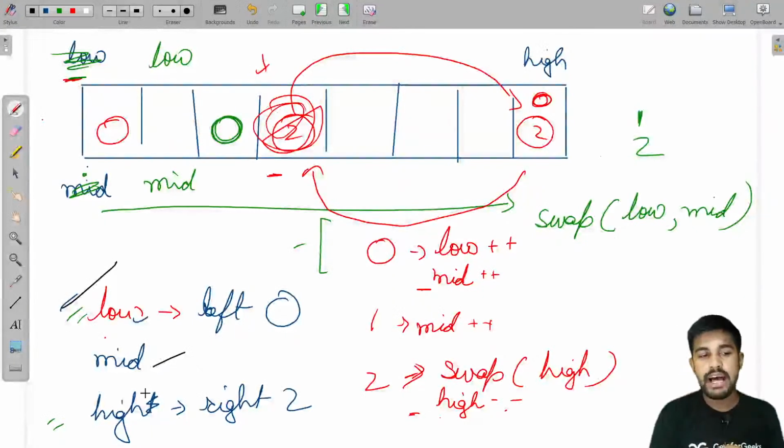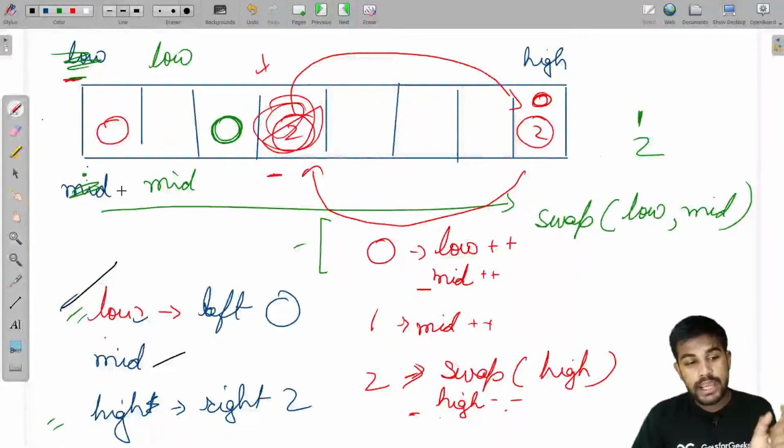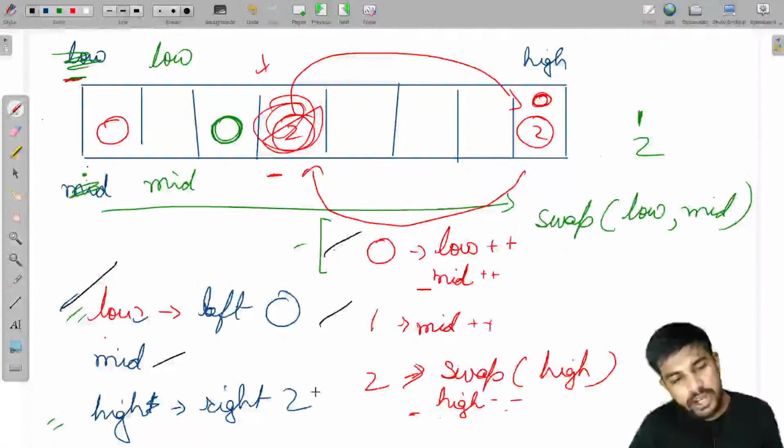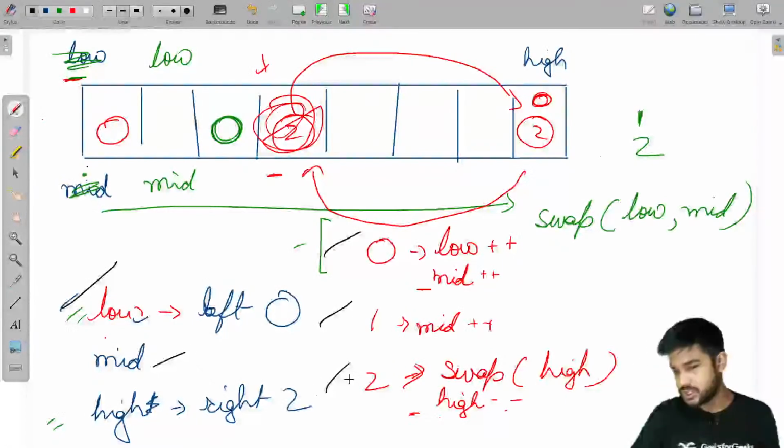Now while iterating the mid from low to high, there might be 3 conditions only. It might be 0, it might be 1, it might be 2. Now what would we do in different scenarios?